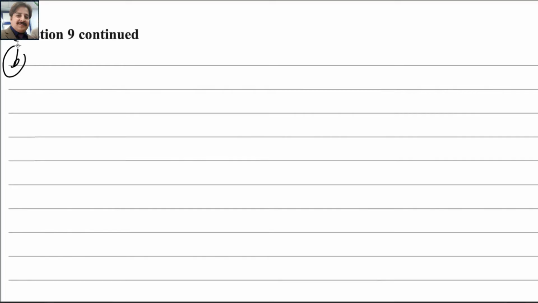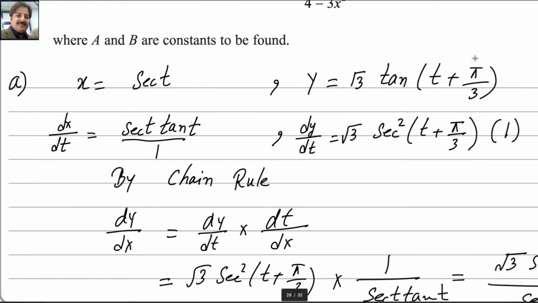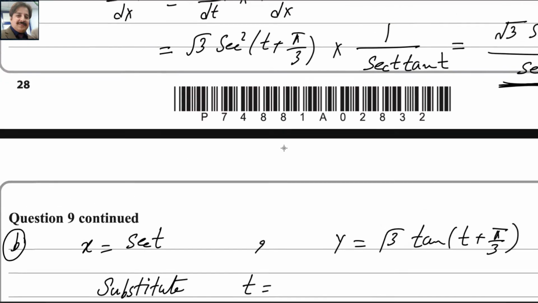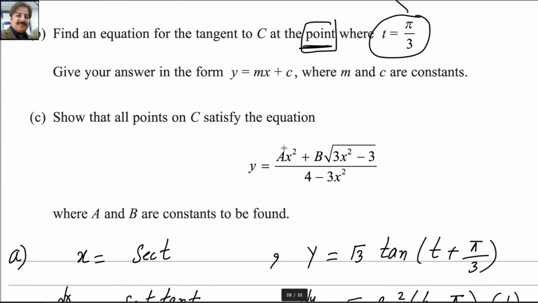For the second part, we have x equals sec t and y equals square root 3 tan(t plus pi by 3). Substitute t equals pi by 3, since we need the equation of the tangent at this point.